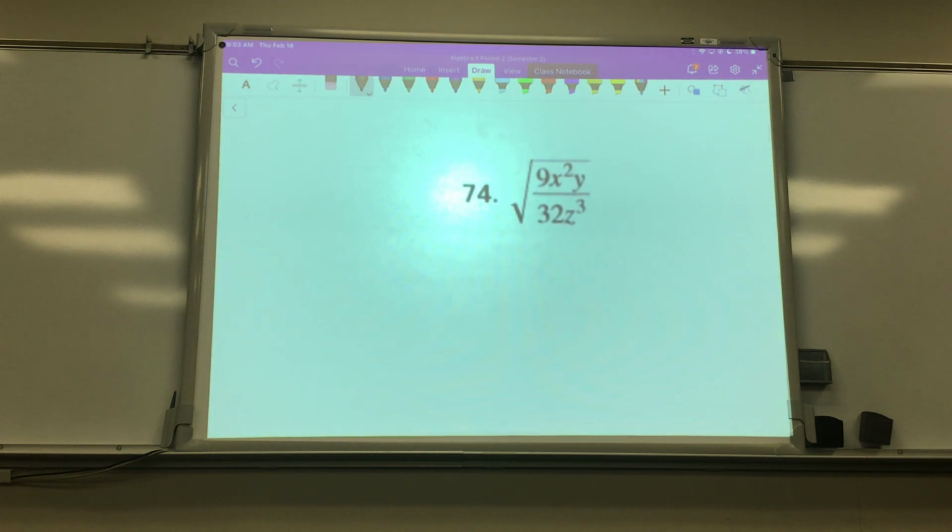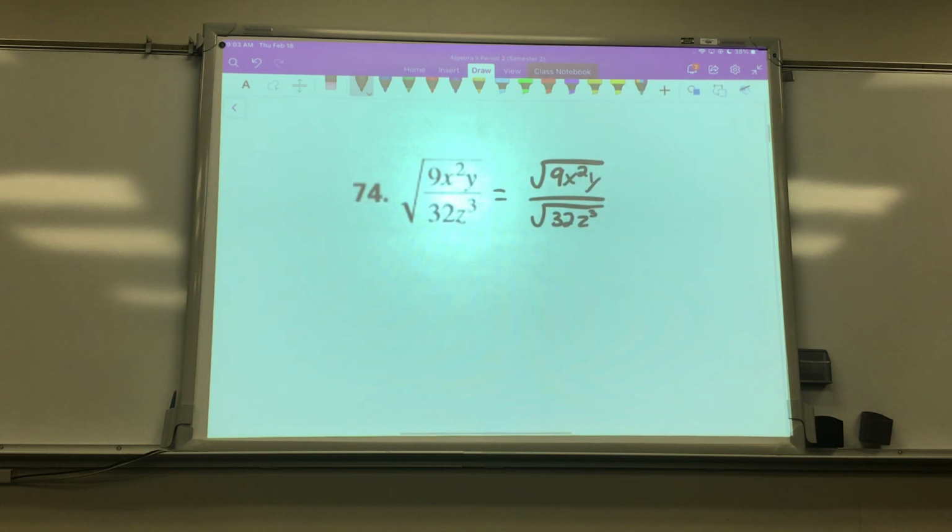Okay? So when it comes to simplifying radicals again, can't have a fraction inside the radical, right? Okay. So how did we take care of those? Split it up. And let's just simplify what we can.